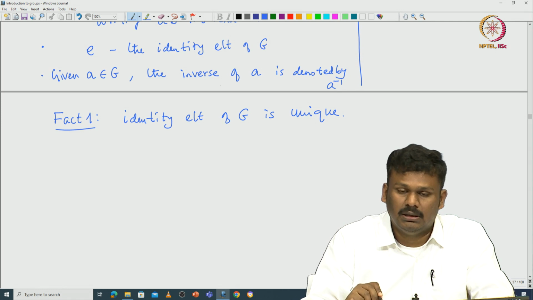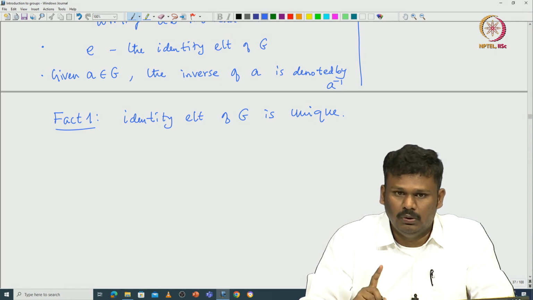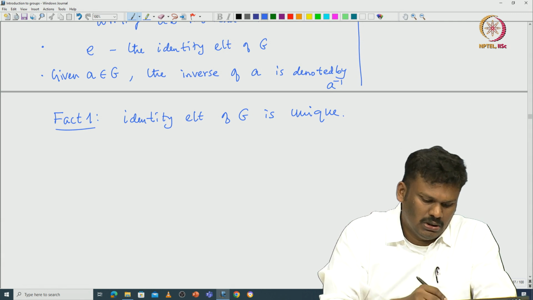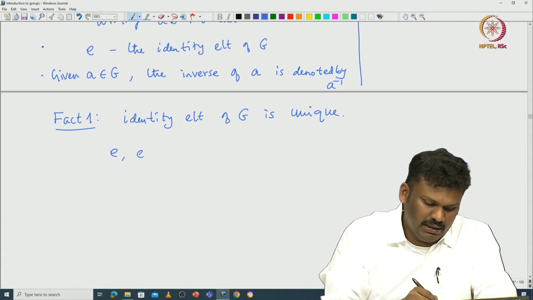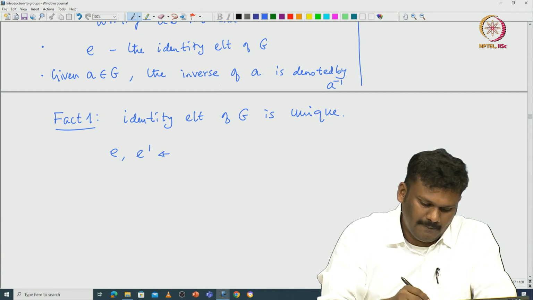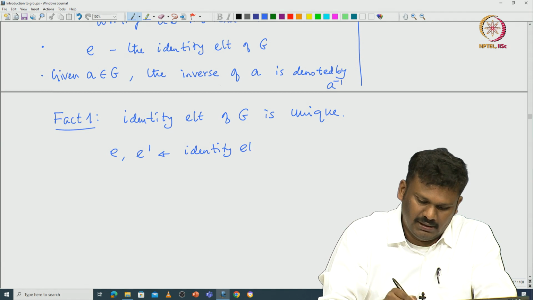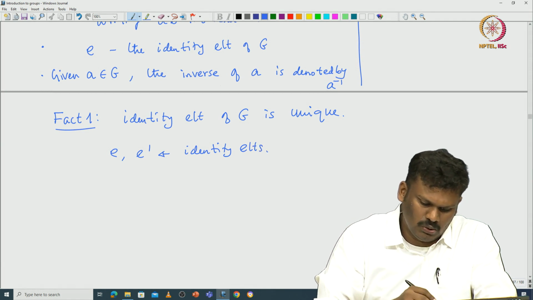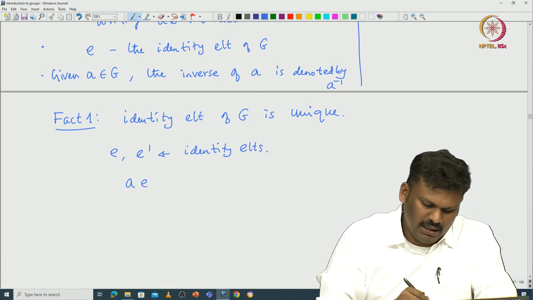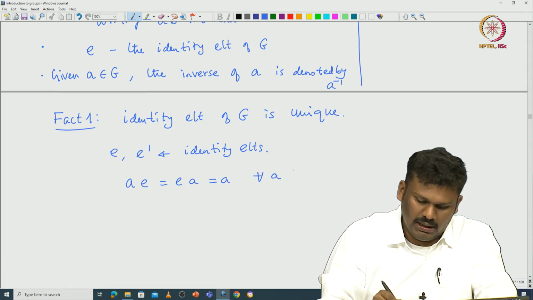That means if you have two elements of the group G that satisfy the property of the identity element, then those two elements must be equal. So let us call them E and E dash. So they are the identity elements, okay. So that means they satisfy the property of identity elements. So what is it? For example, AE and EA should be A for all A in G.